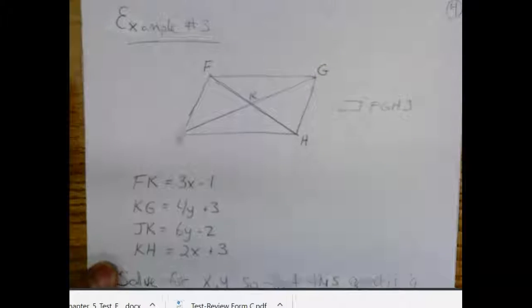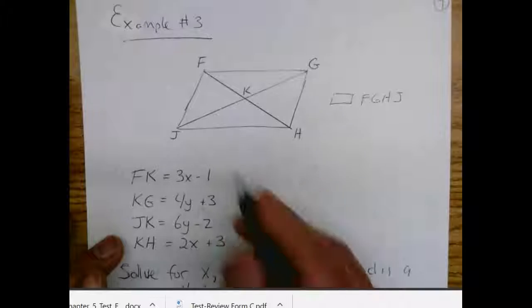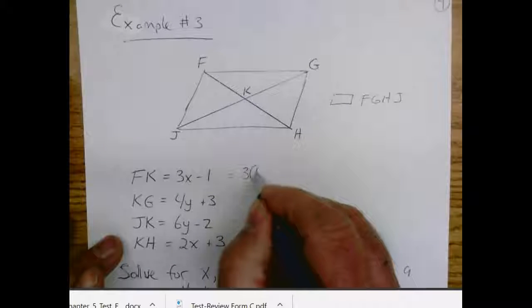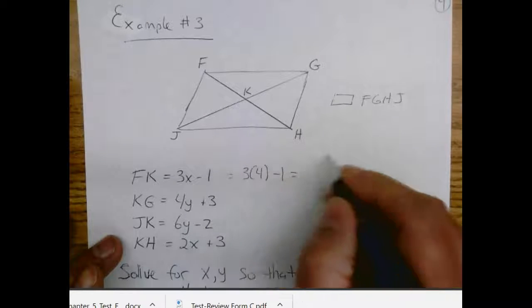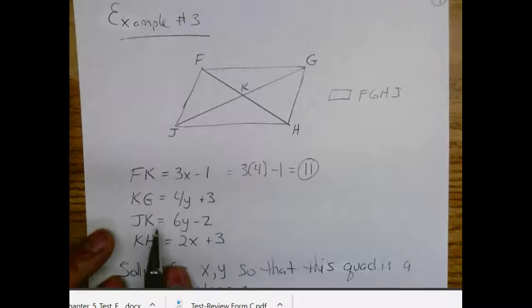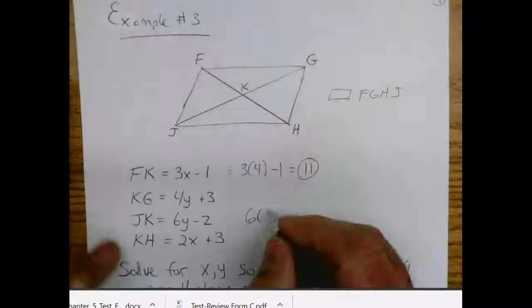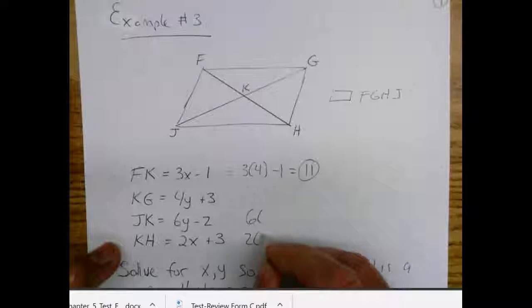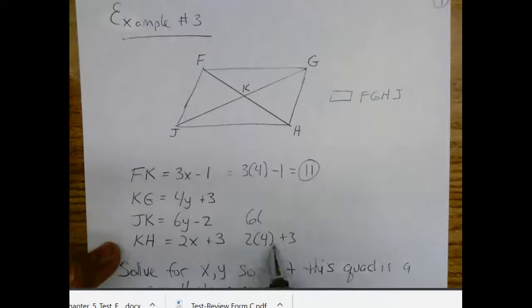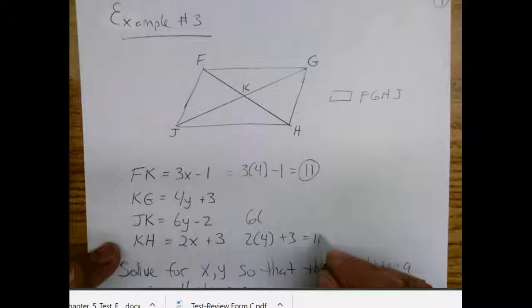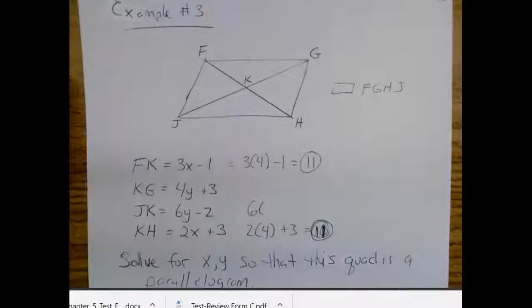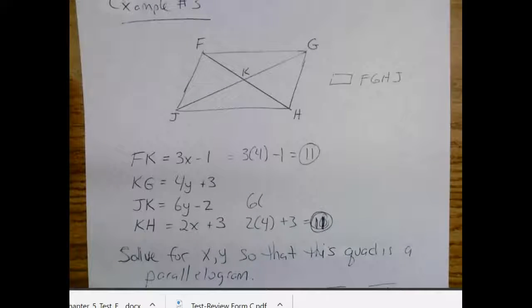Then if we go plug them in, x is 4, so we got 3 times 4 minus 1, that's 11. We do the other one, 2 times 4 plus 3, that's 8 plus 3 is 11. Okay, so that's true. And then we do the other one, y equals 2.5.